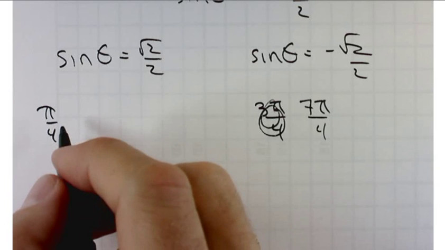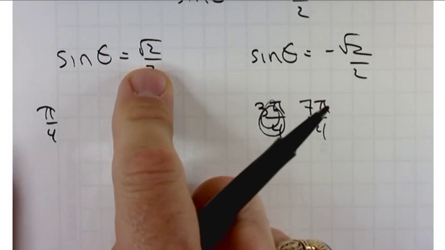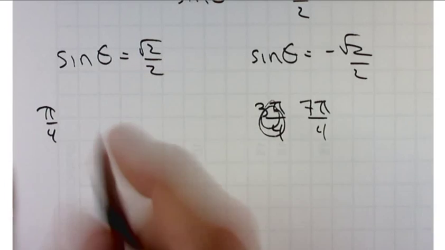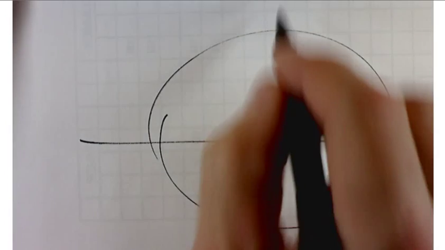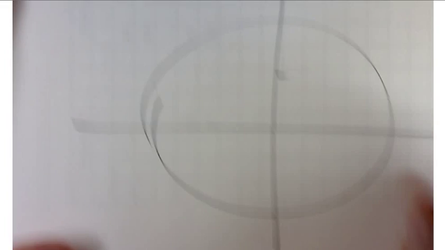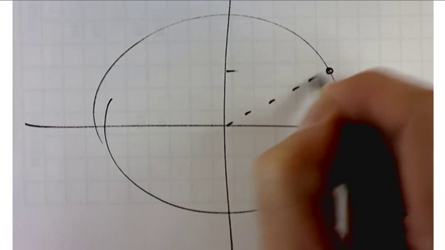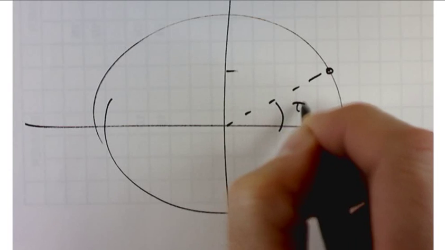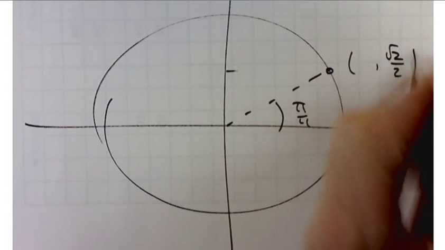Now that's not all in terms of the possibilities here. There's really a couple more possibilities, other places where this is true. You can see that by looking at the unit circle. So we had a 45-degree angle, pi over 4. We had a solution at root 2 over 2.